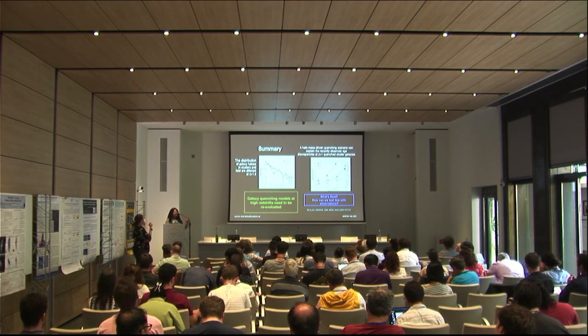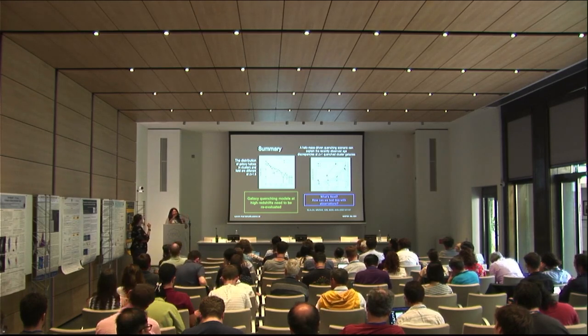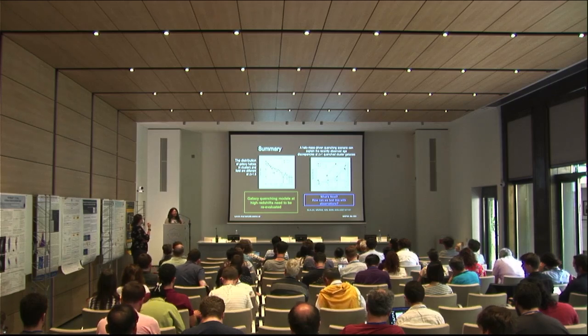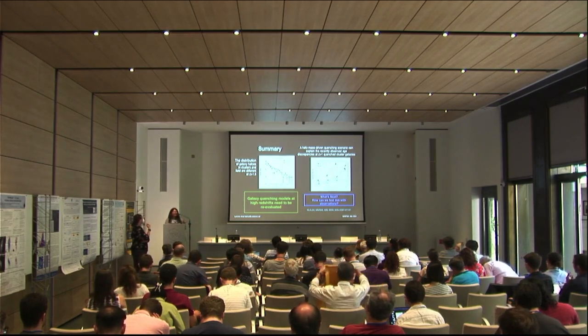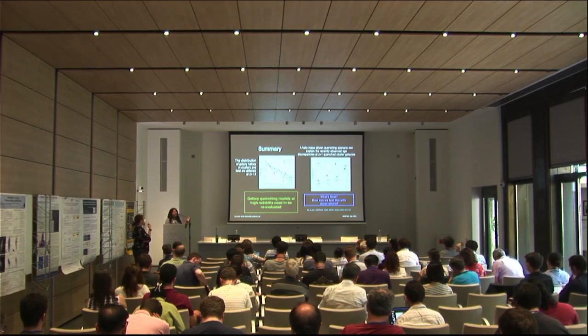We clearly saw, for example, from Greg's talk or Benedetta's talk, that environmental quenching is there. We see an enhancement, but the reasons they're enhanced are different, and this could be one way to look at it.